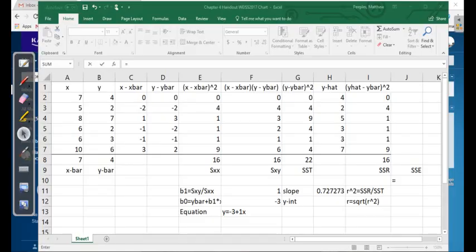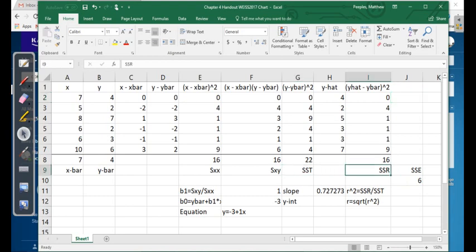SST, which is 22, minus SSR, which is 16. So the sum of squares error is 16, right? And maybe another way of thinking about this is that that would be the sum of the squares of the errors that I get from my two different sums of squares right here, right?